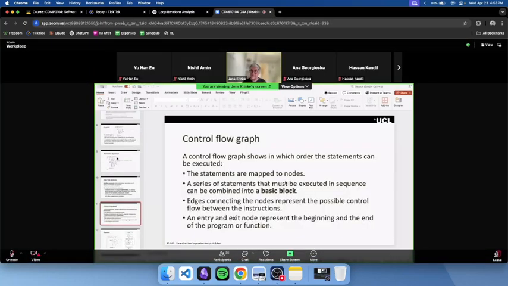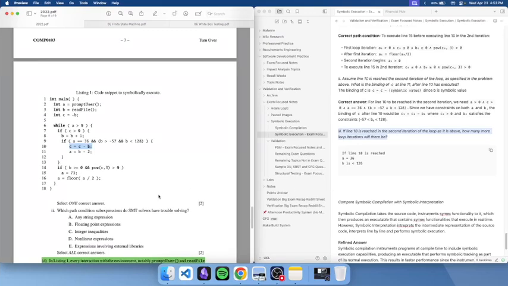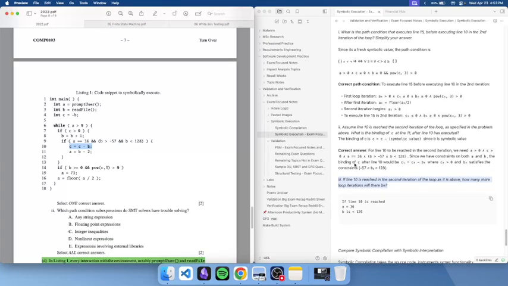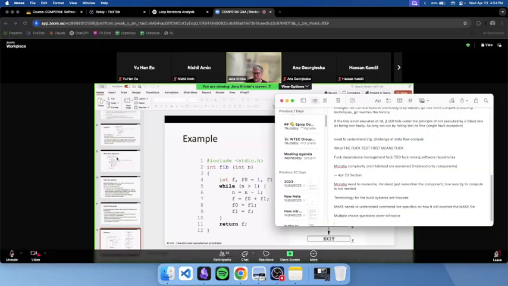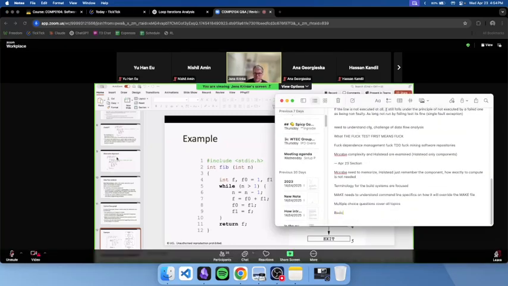Now, having the basic blocks, the idea there is that you cannot have a single edge connecting two basic blocks, because then you would have no branching and you could merge those two basic blocks together. So in this example, we have a basic block of lines 6, 7, 8, and 9, because these are the four statements that always have to be executed at the same time.